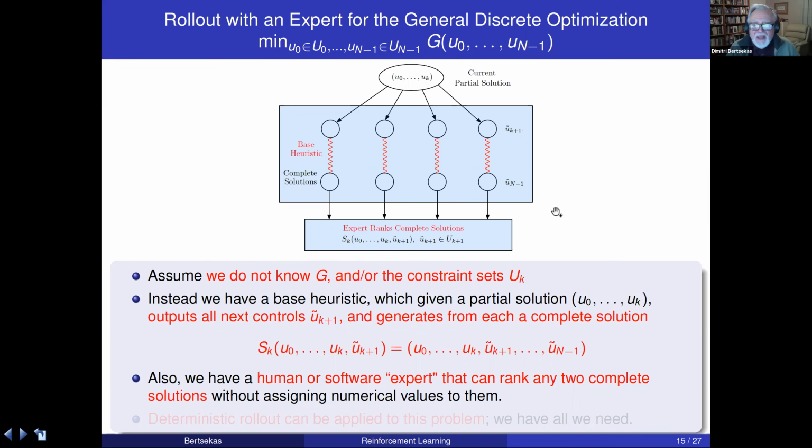Now, given a base heuristic that can do these things and an expert that does the ranking, we have all we need to apply rollout. We can go one step at a time and generate a trajectory, which is the rollout trajectory. So it's not necessary to have an explicit heuristic and an explicit cost function, as long as they are implicit in some software that we can use. Are there any questions here?